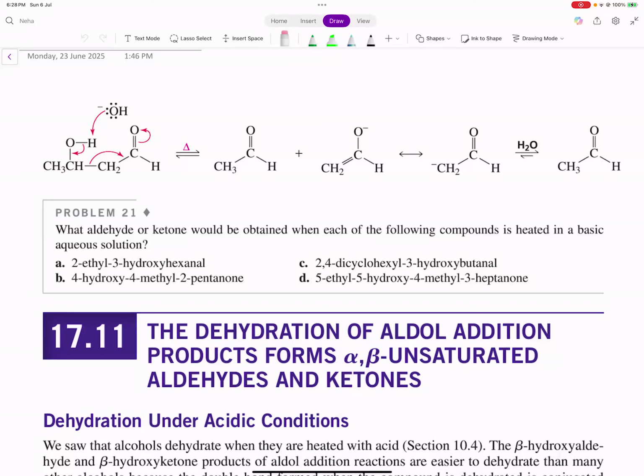So actually, we are able to generate the reactants from here. Okay, yes, I got it.